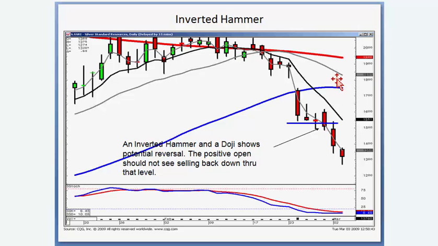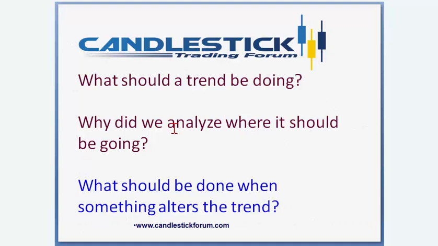That tells me that it didn't go positive. So anytime I look at a signal, I ask myself, what should the trend be doing? Why did we analyze where it should be going? What was the reason for it? And what should be done when something alters that trend? And that's close out the position.